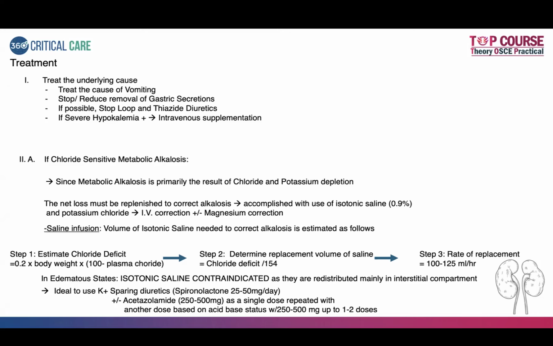Usually we give acetazolamide about 200 to 500 milligrams first, and then based on the acid-base status, you do a repeat ABG, assess the bicarbonate levels, and then decide the next dose. Usually a maximum of 1 to 2 doses after the initial dose is given for acetazolamide because acetazolamide can be a cause of metabolic acidosis. So rapid correction also may be harmful.